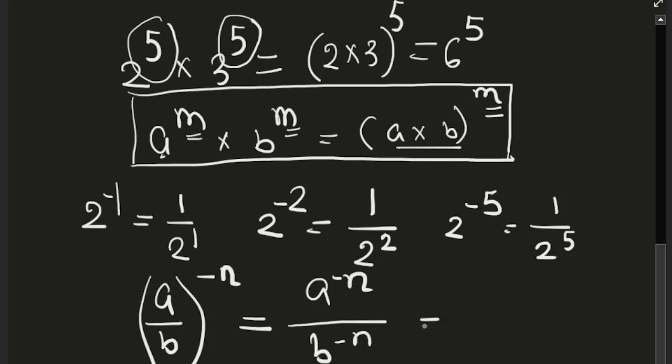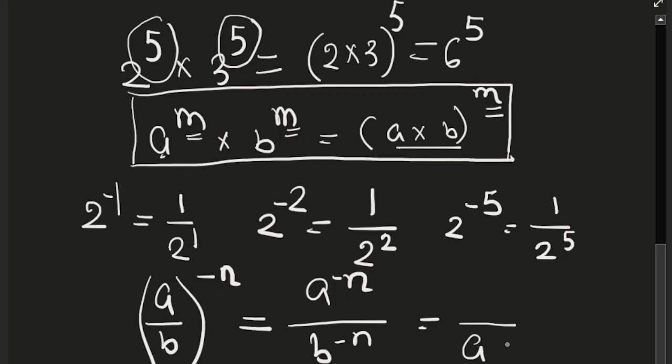It will become, see, 2 to the power of minus 1 is becoming 1 by 2 to the power of 1, means if I omit this minus, the remaining all will come in the denominator. Similarly, here also, except this minus, remaining all is a to the power n.